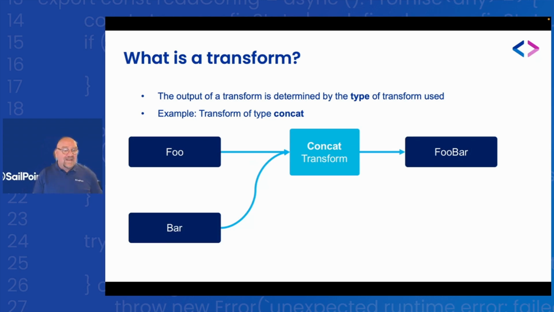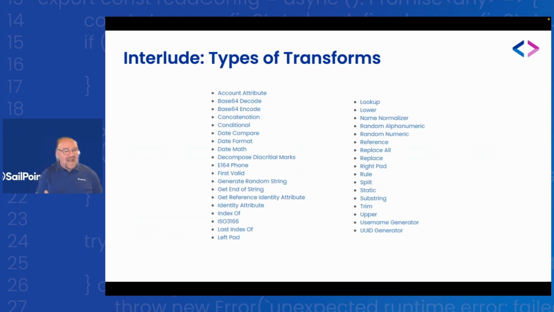So if concat and just a few others were all that we had, it'd be a bit limited, but we have lots of types of transforms. And I'd recommend you go through all of them and understand what they do. Because when you're actually building transforms, understanding what you can do as a whole will lead you to make nice, concise and powerful transform objects.